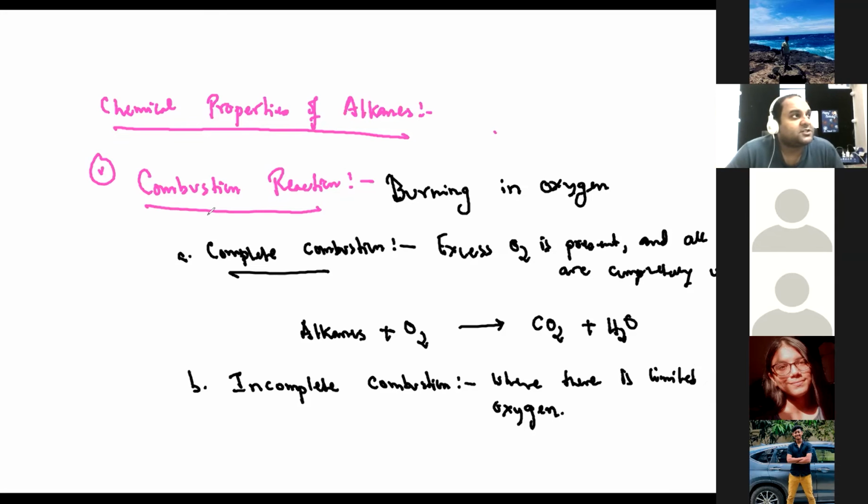So if there is a limited supply of oxygen, what will happen? Alkanes with a limited supply of oxygen, what do they give us? Carbon monoxide plus water, or carbon plus water. This carbon is known as soot. S-O-O-T. It's known as soot.